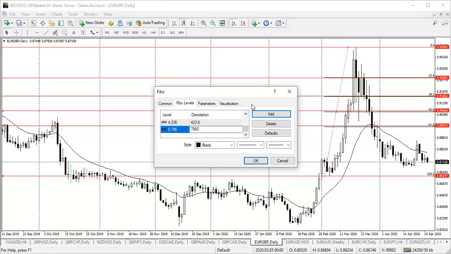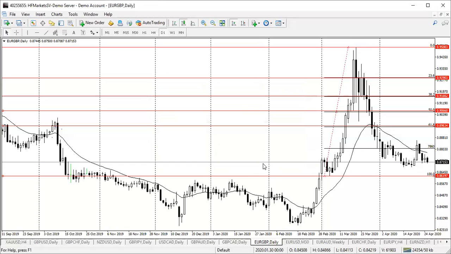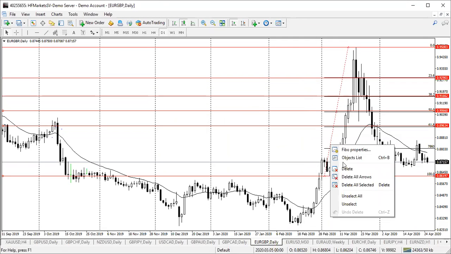I'm not so sure I'm getting this right, but let's add and see. This is adding 78.6. No, let's go and edit it.